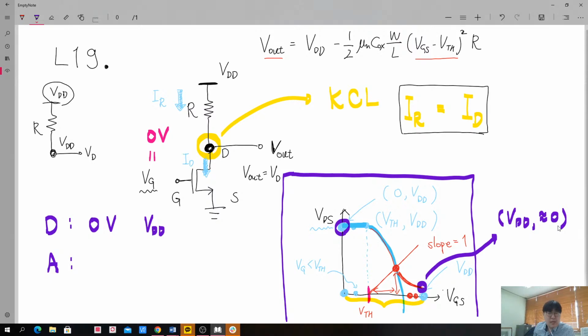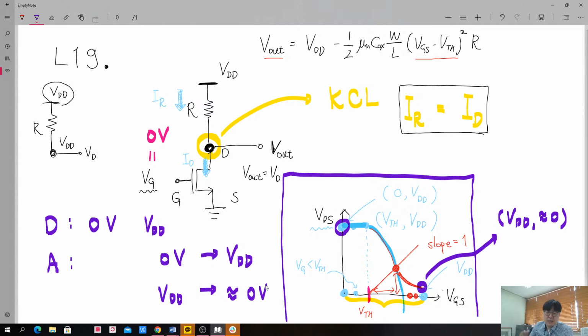So what you can expect from this input-output characteristic of this simple circuit is that when you have input 0 volt, certainly you have VDD. And when you have VDD, you will have an output which is close to 0 volt.